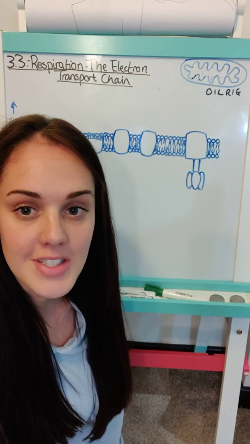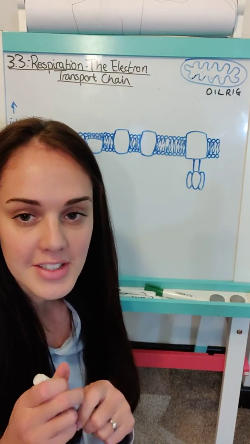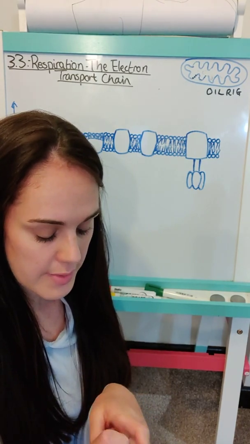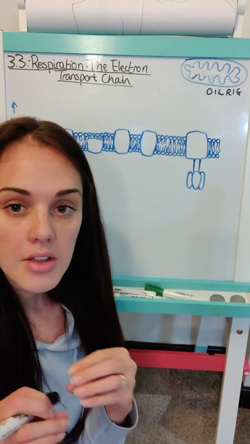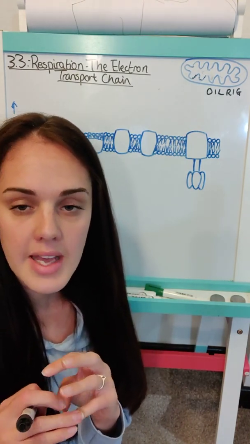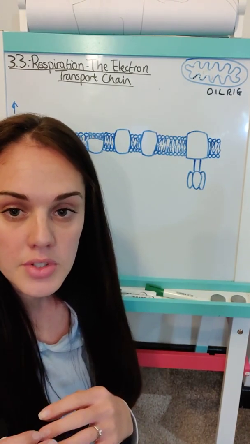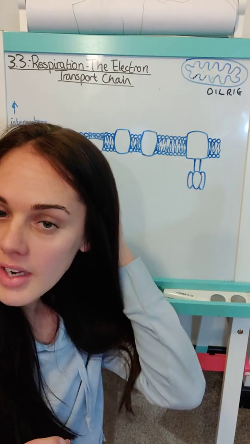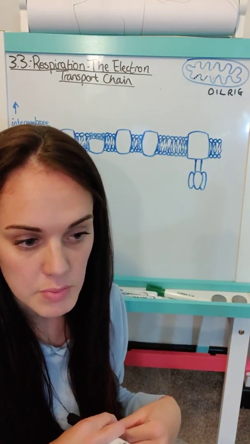Or the process of oxidative phosphorylation. So this is what we've been building towards with all those different reactions, because we had a little bit of ATP made along the way, but mainly a lot of the time it was NAD, this new thing that we've not come across yet, but it's a coenzyme, NAD, that was being reduced. So it was in reactions and there was a series of reactions, and at some point the NAD was being reduced.